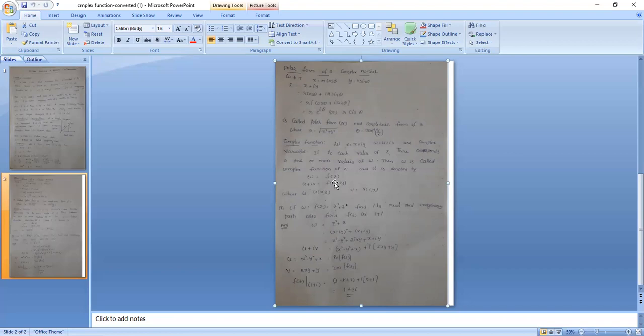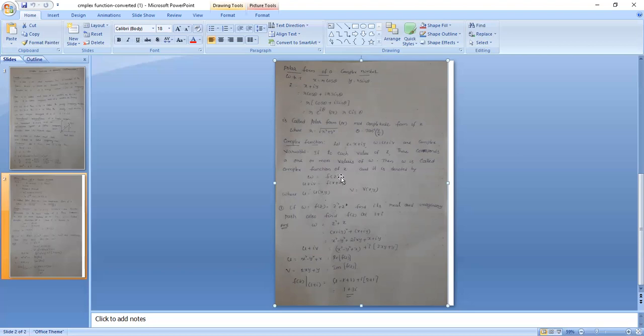So to each value of z, one or more values. Suppose to each value of z, only one value of w exists, that function is called a single valued function. Suppose to each value of z, more than one value of w exists, that is called a multiple valued function.